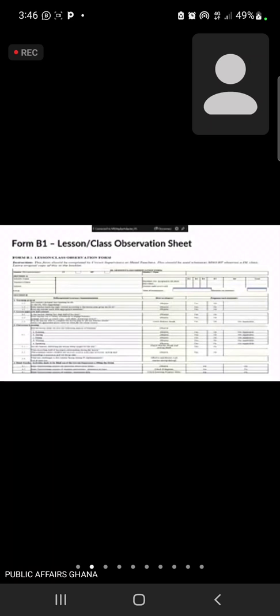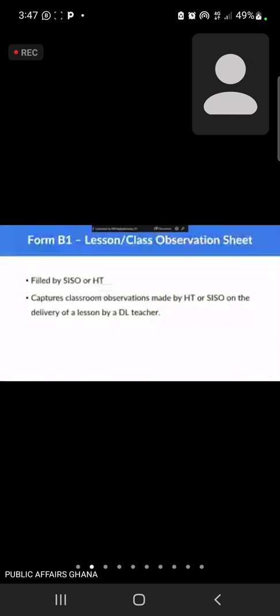So head teacher, you will fill it and help us get information, what the classes are doing, the number of hours we should spend, what goes into what we are doing before we are able to report deeply. You will get it. It's actually on Telegram. You can go there and have a good look at it.